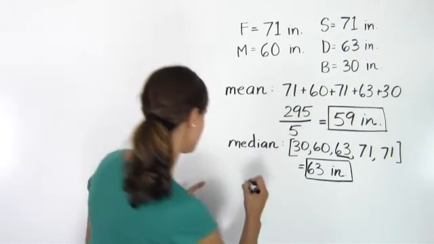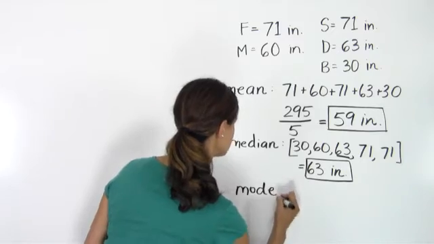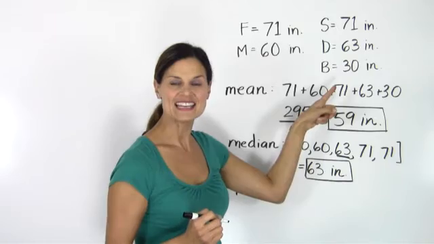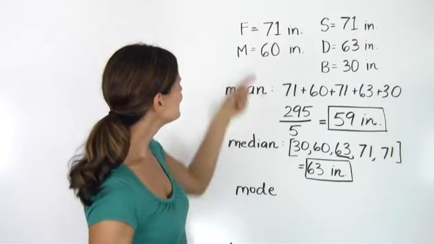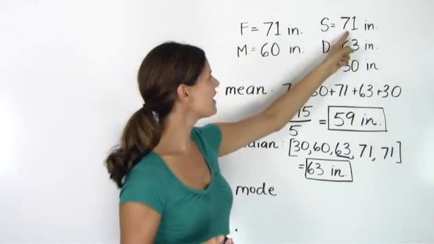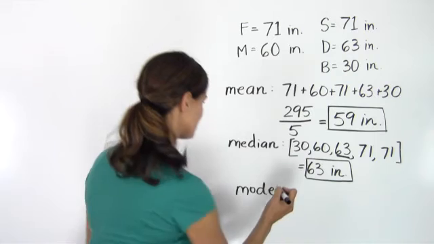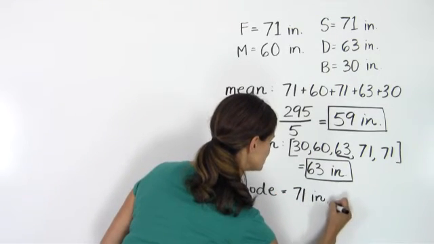Okay, and then to find the mode, remember with the mode, we're just looking for which value, which height is the most common. We don't have too many to look at in this one, so we can see that the only one that occurs twice is the 71 inches. So the mode is 71 inches.